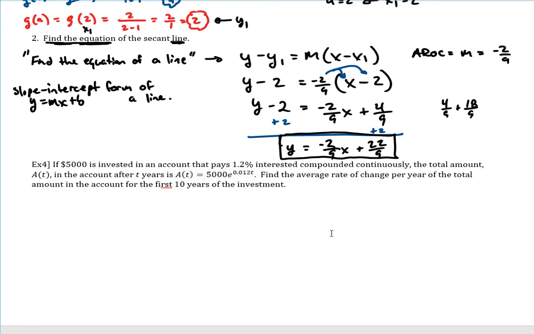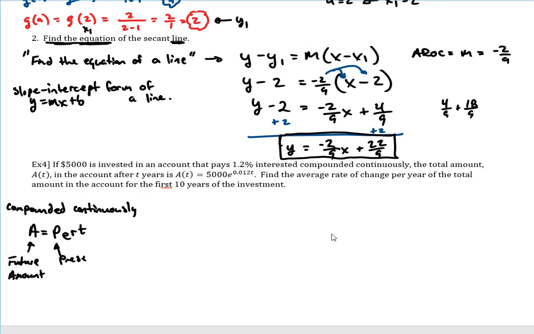This is our compounded continuous equation. Let me go ahead and write that too as a side note, just in case we need it for other things. Compounded continuously is often A equals P e to the r t, where A is the amount, we'll say future amount. P is the principal or the present amount. e is our special number, 2.718 and so forth.